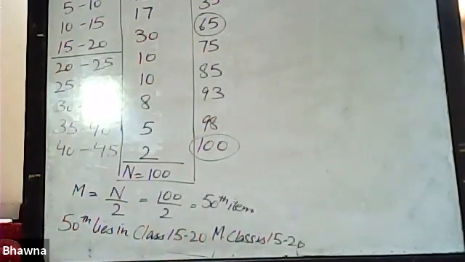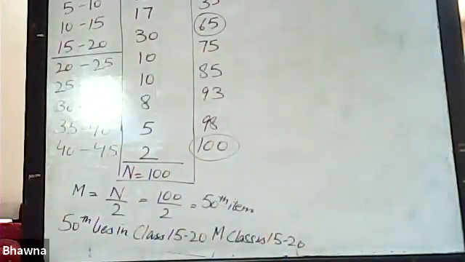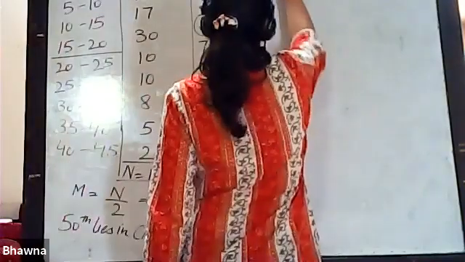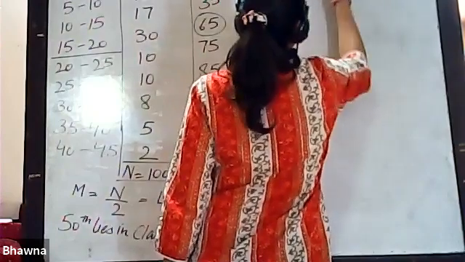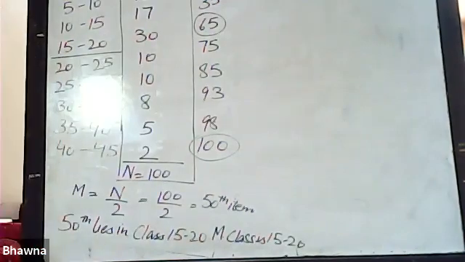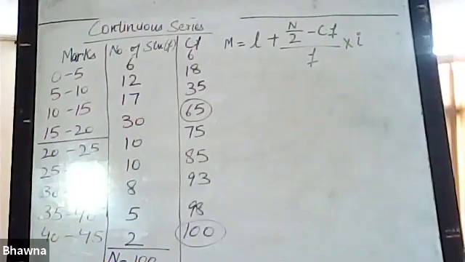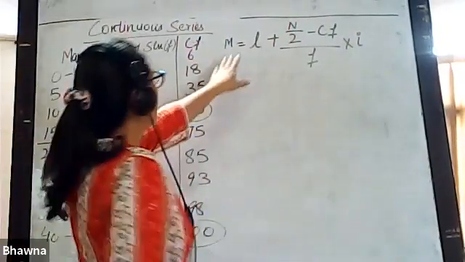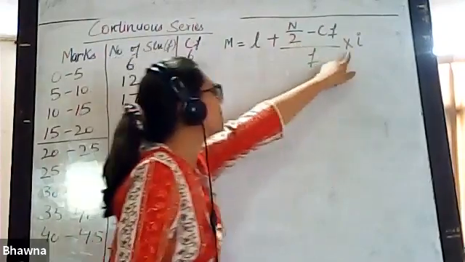Now we have to apply the formula of continuous series, that is M is equal to L plus n divided by 2 minus CF divided by f, multiplied by i. i is what?